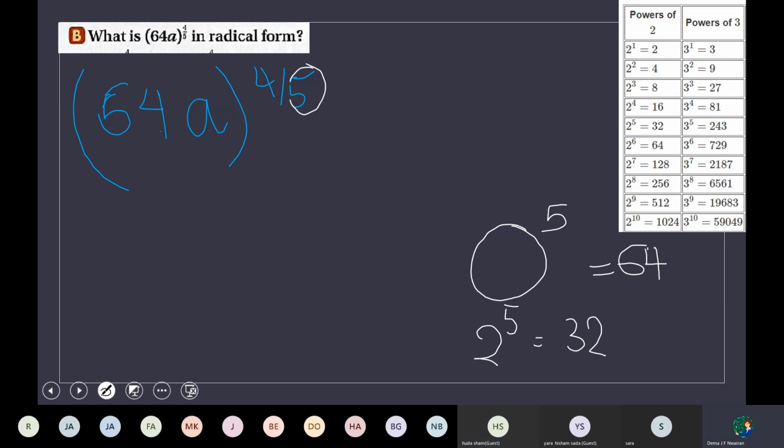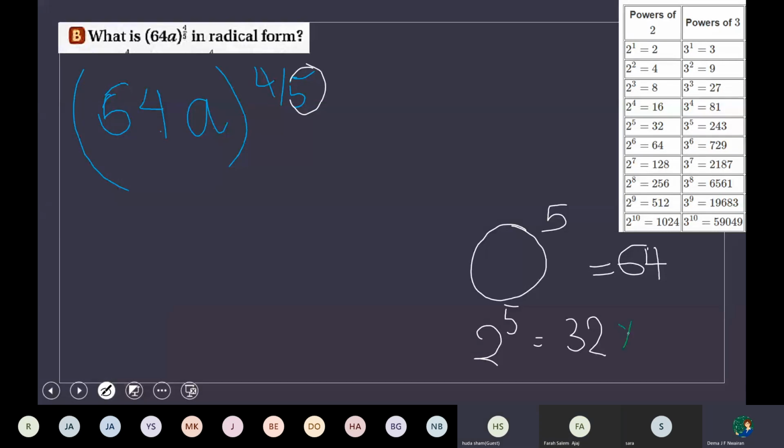The third step, I will ask myself now, what can I do to make 32 to be 64? Who can tell me? I will distribute the 64 into 32 and 2. Yes, so I can. Now I will ask you this question.